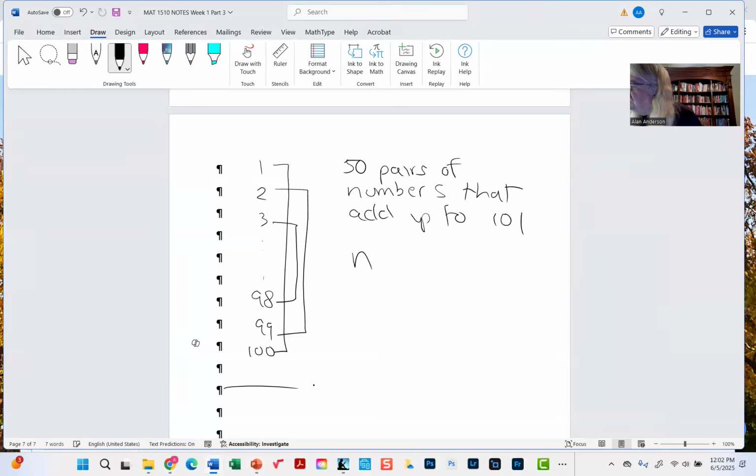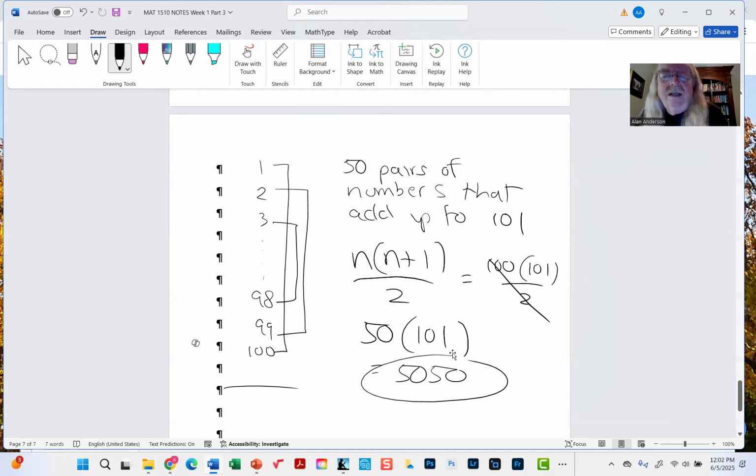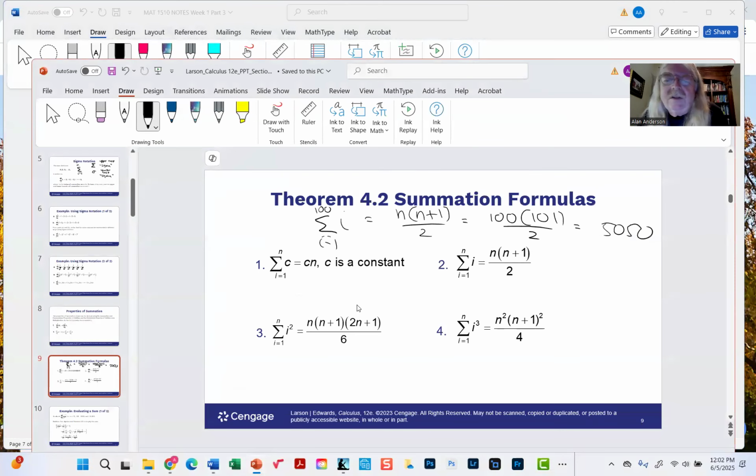So we write out this formula. Reduce it to 50. And so there's a logic behind this. You've got 50 pairs of numbers that add up to 101, and their product, of course, is 50 times 101. Interesting. So anyway, they all have their own internal logic.